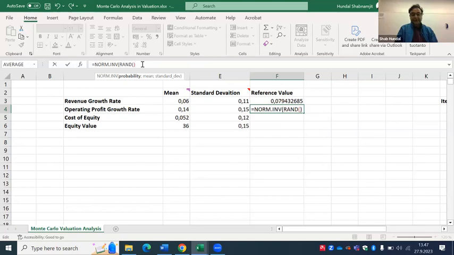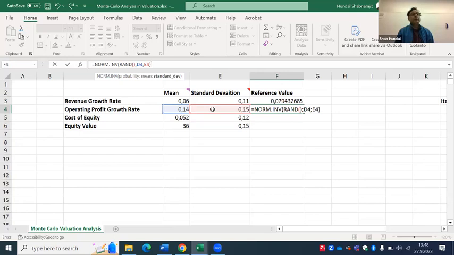Semicolon is this sign, okay? Take the mean value. The mean value is this. Again, take the semicolon and take the standard deviation value. And then don't forget to close the bracket.